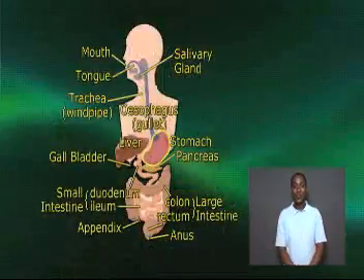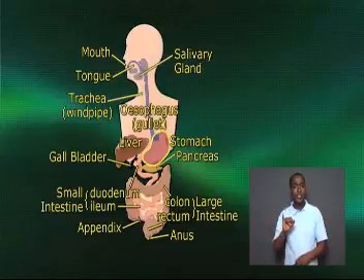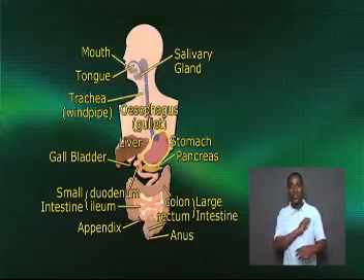The stomach is one of the main organs of the digestive system. It is a pouch shaped like the letter J that is made of thick, elastic muscles. The stomach stores and helps break down food.